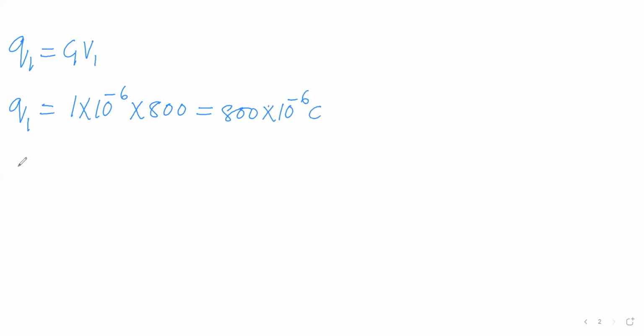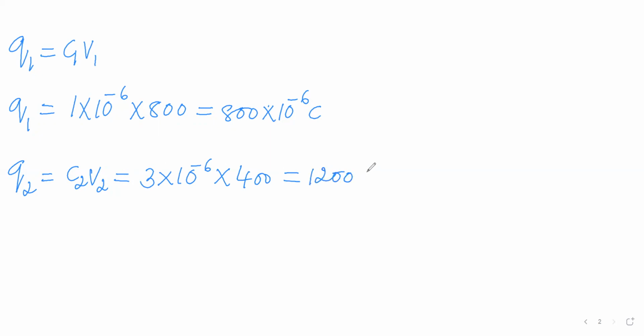Then the charge on the other capacitor is Q2 equals C2 into V2, that is 3 into 10 to the power minus 6 into 400. 3 fours are 12, so 1200 into 10 to the power minus 6 coulomb. These are the charges on each capacitor before connecting.